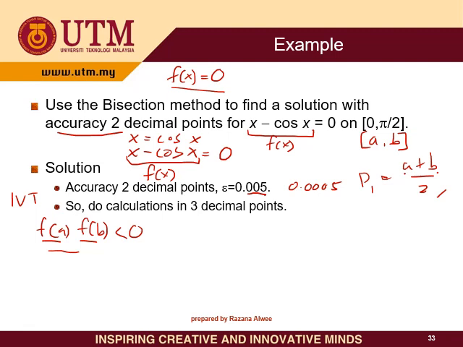So if you want to do the calculation for this question, you must use 3 decimal points because our error is 0.005. So for all the calculations, we need to use 3 decimal points for this question, in order for us to find the correct accuracy. Easily find the accuracy in the question.